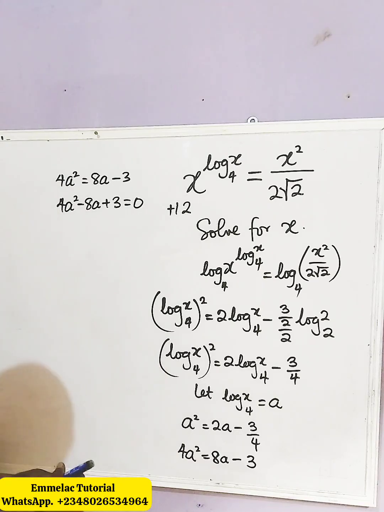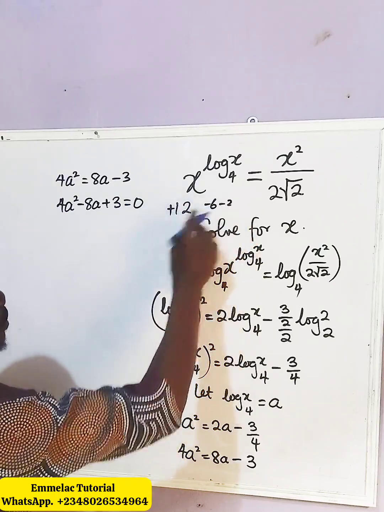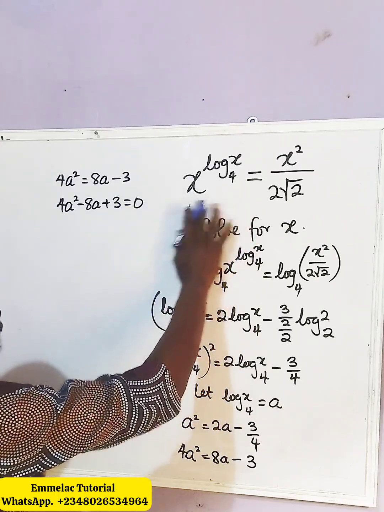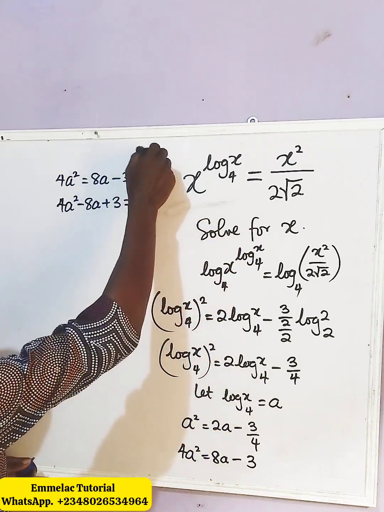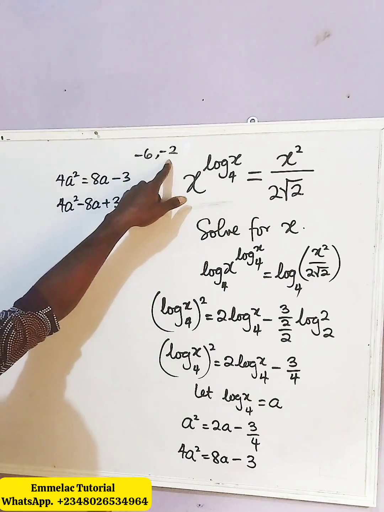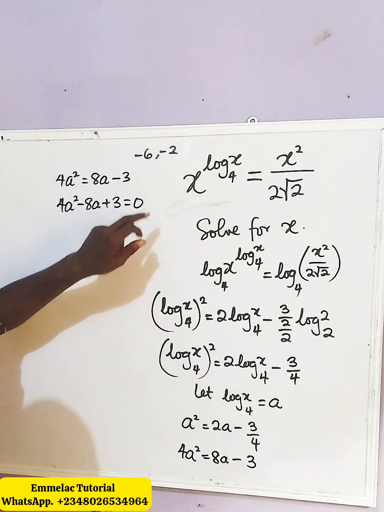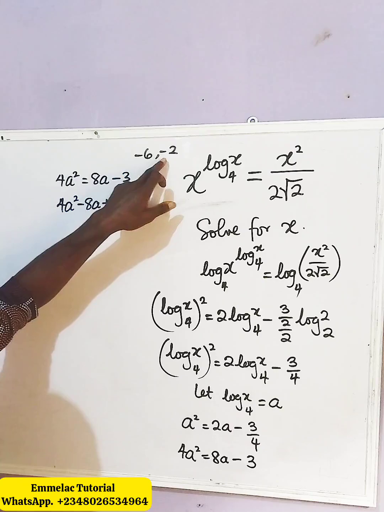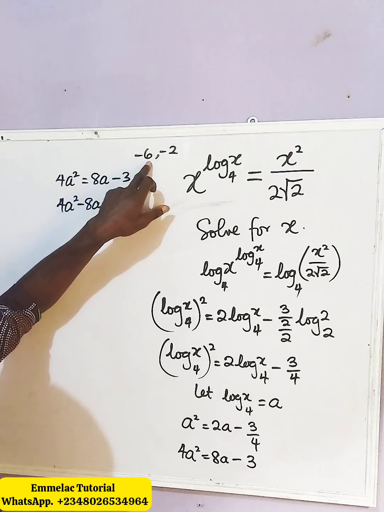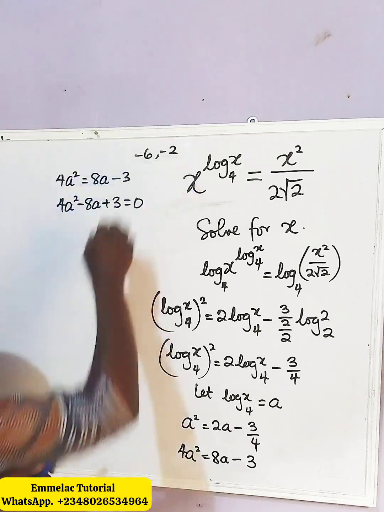I'm sure that should be negative 6 and negative 2. Negative 6 times negative 2 gives positive 12, and negative 6 plus negative 2 gives negative 8. So we have to replace this negative 8 with these two terms.